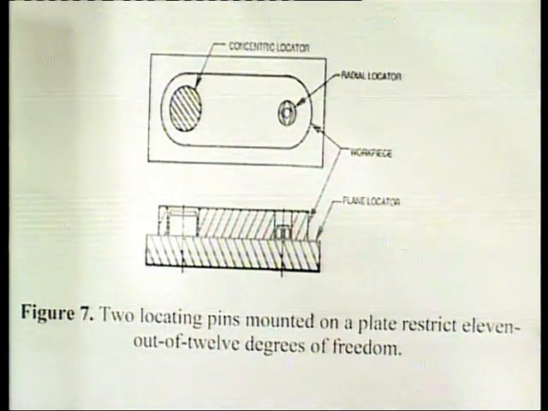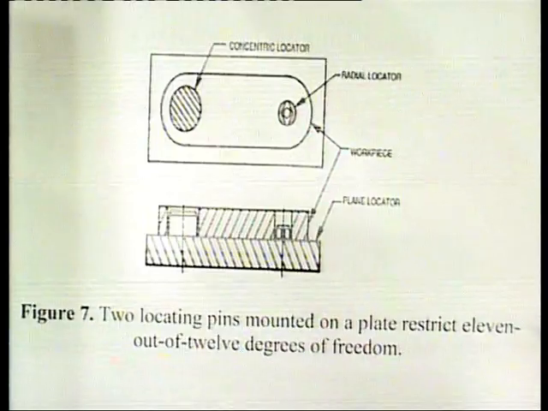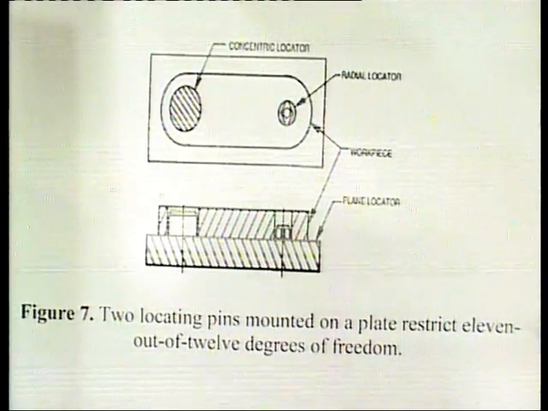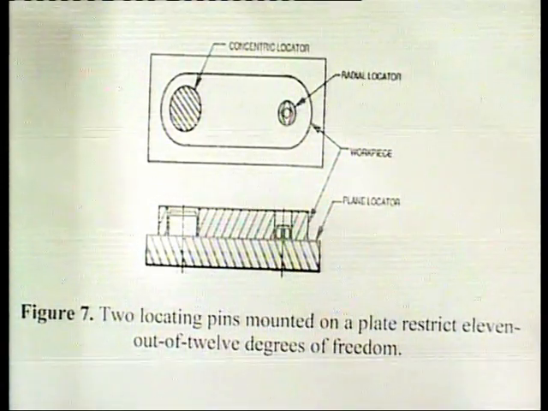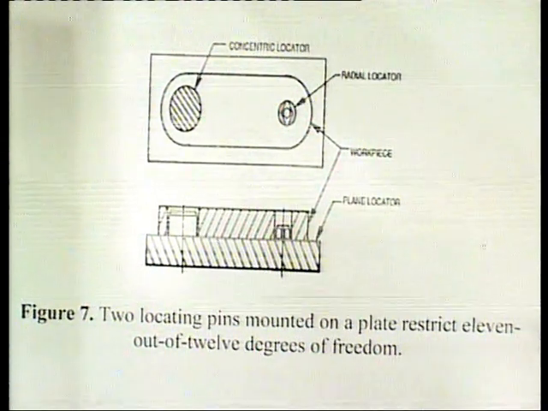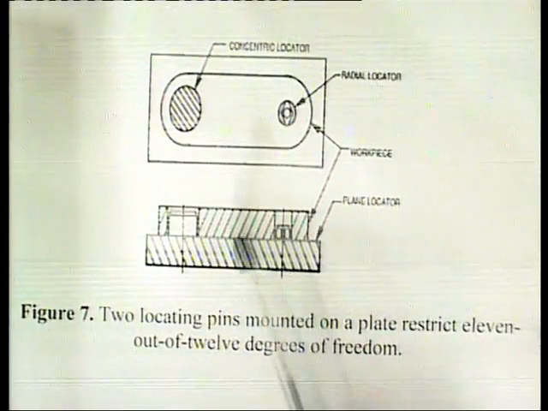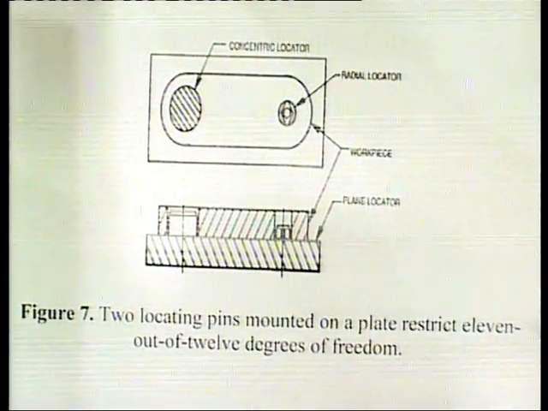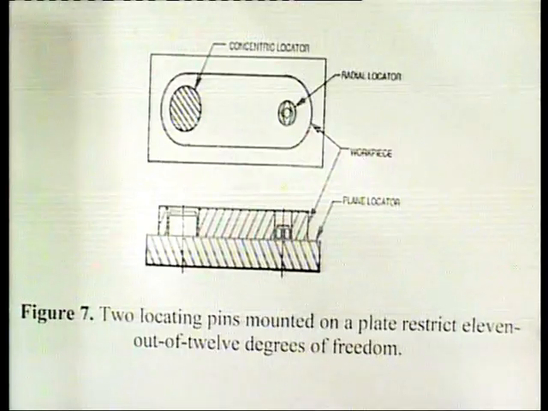So together the locators restrict 11 degrees of freedom with this arrangement. The last degree of freedom in the plus z direction, that is the upward direction, will be restricted with the help of a clamp.